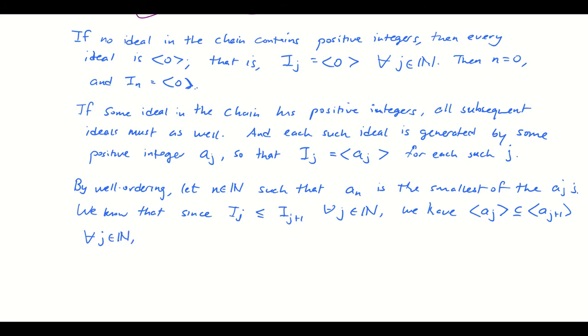And so, one thing that results from that is that a sub j has to be in the ideal generated by a sub j plus 1 for all such j.